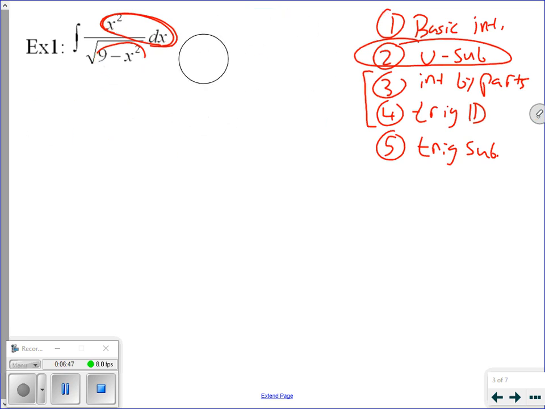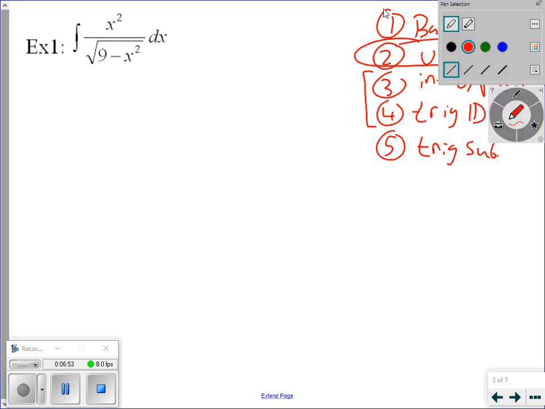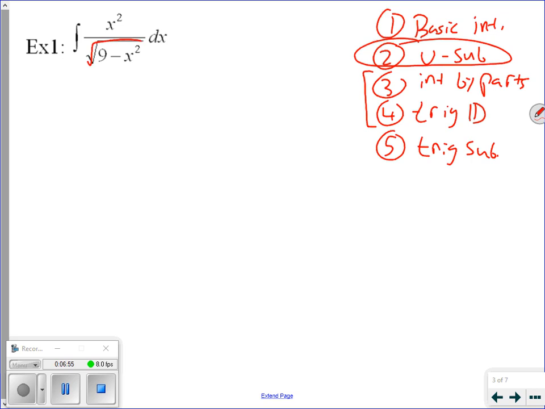Okay? Now, the only thing that's going to end up helping us is that we can identify that a part of this function is the square root of a squared minus x squared. And in this case, a equals 3. So if you look back to your table, what's the square root of a squared minus x squared? What's that identity?